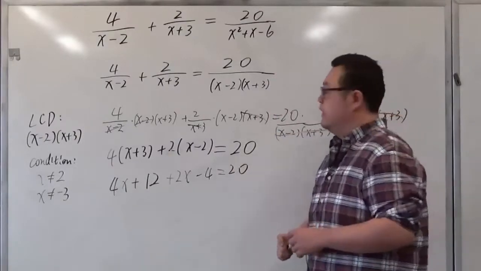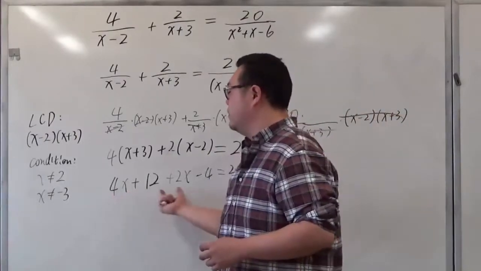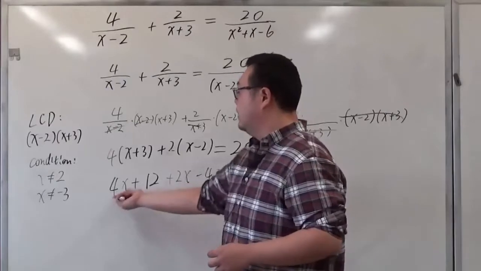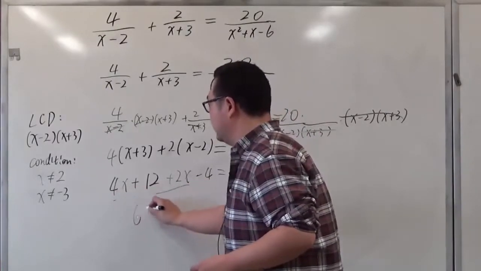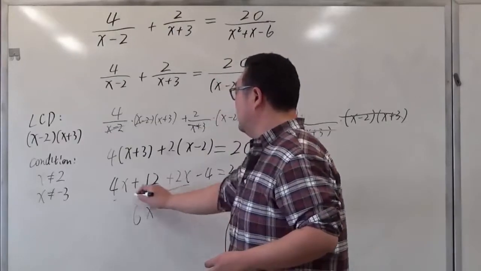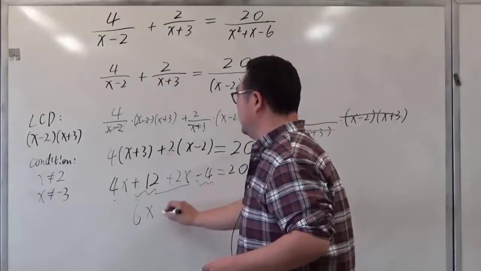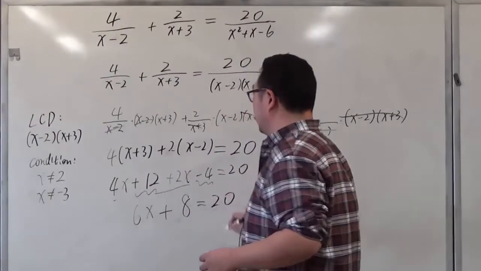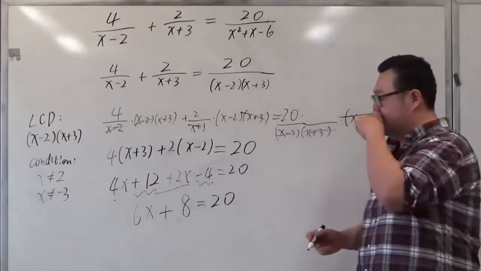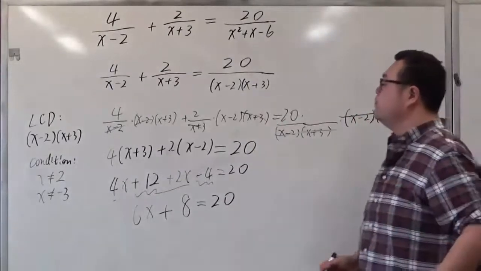Then combine like terms after expanding: 4x plus 2x gives 6x, and positive 12 minus 4 is positive 8. On the right side we didn't touch anything, so that's still 20.